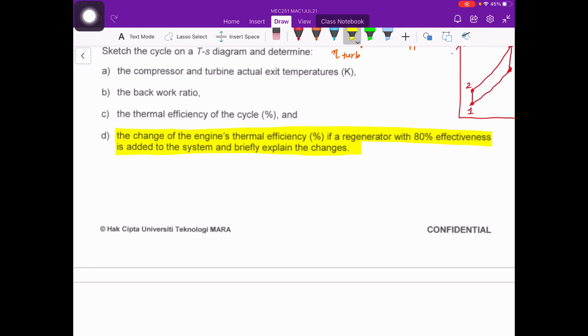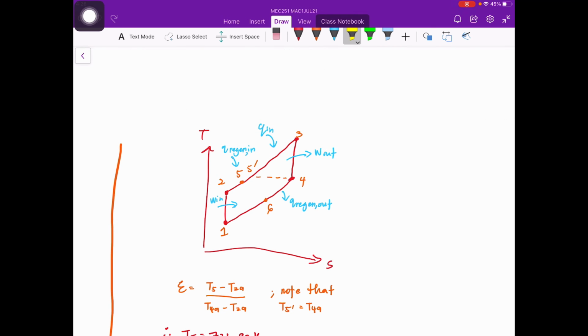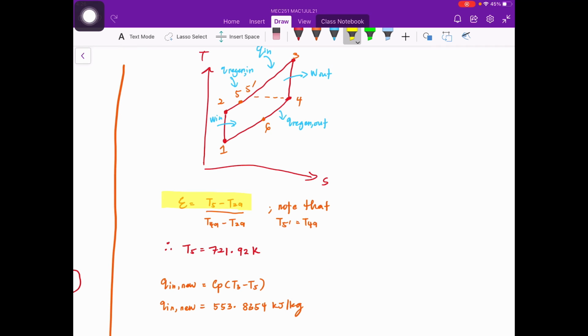For this, we are going to compare between the new thermal efficiency with a regenerator with the thermal efficiency that we have calculated in item C. If we draw the Brayton cycle with regeneration, the T-S diagram will look like this. From the formula of the effectiveness of the regenerator, we can now determine the temperature for state 5.